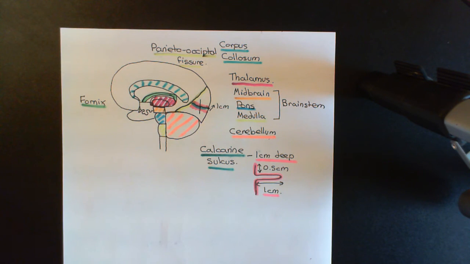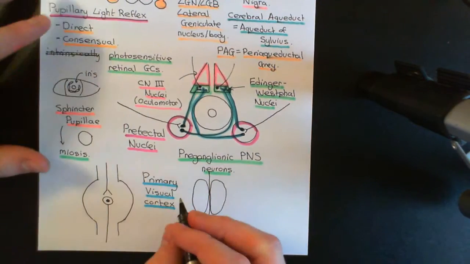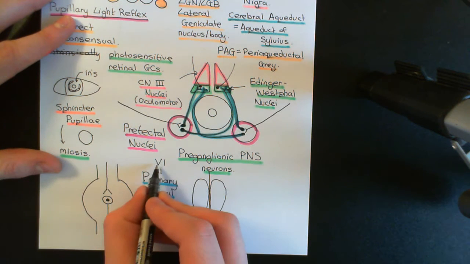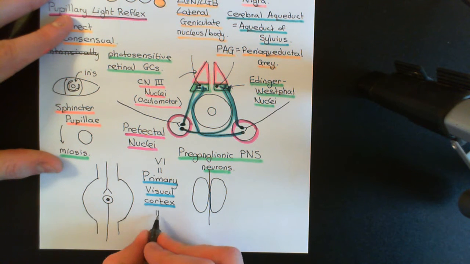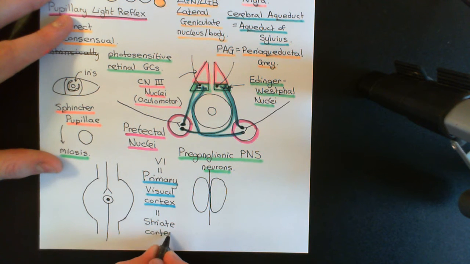Okay, so that's where the primary visual cortex is, and the primary visual cortex has a number of other names. It's also called V1 for visual cortex number 1, and another name for it is the striate cortex, and you will hear it referred to as the striate cortex quite regularly, so I'm glad I've brought this point up.